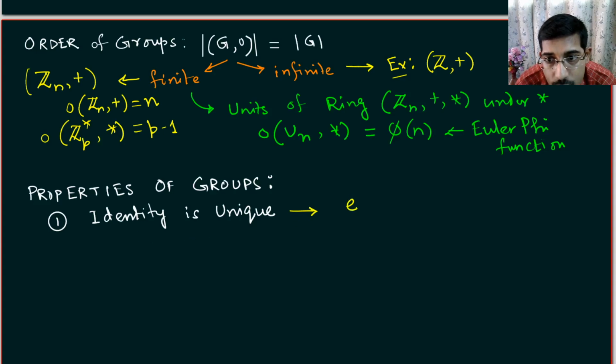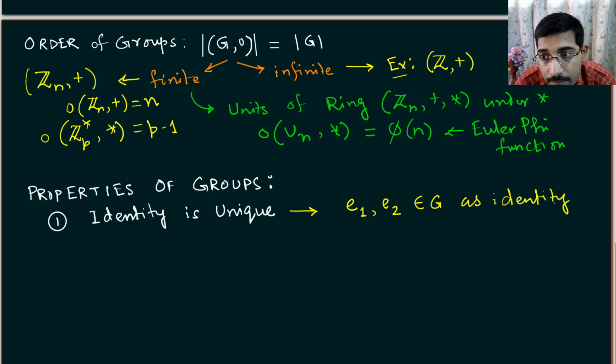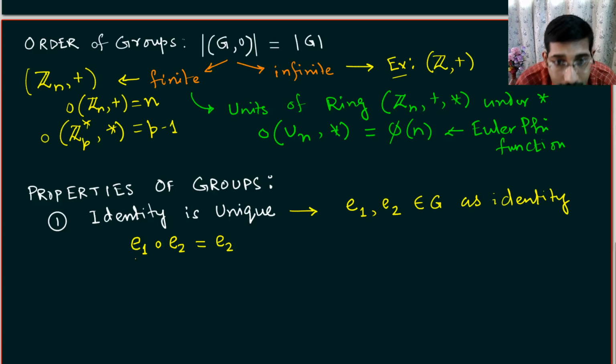Let us assume I have two elements E1 and E2 belonging to G as my identity. Since E1 is the identity, if I operate it with any other element, I get back that element. So this is assuming E1 as the identity.